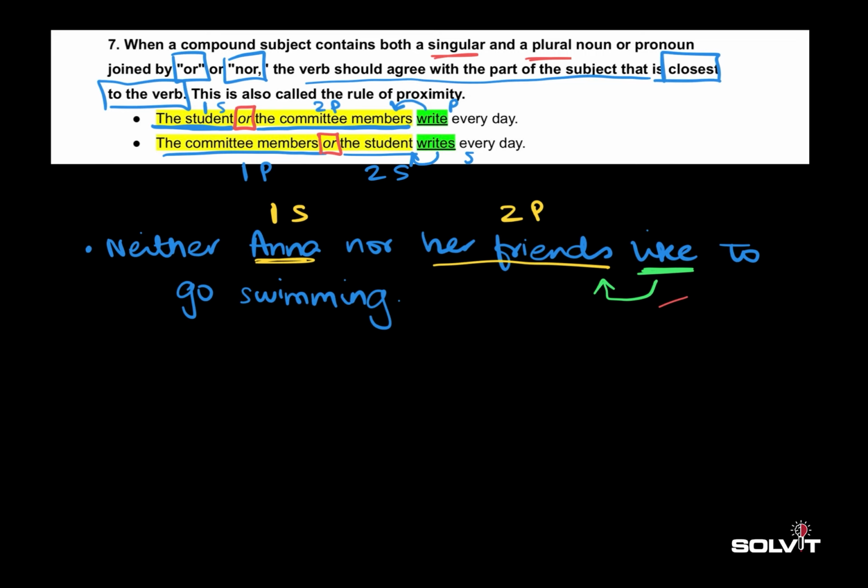But we're also talking about her friends here, and her friends are closest to the verb over here. So our verb will agree with the second subject, which is her friends. So neither Anna nor her friends like to go swimming. Now, if we say neither Anna nor her friends likes to go swimming, that will be incorrect because the verb has to agree with the subject closest to it.